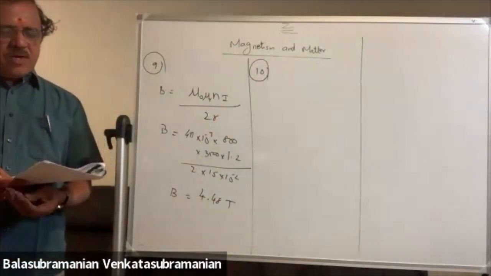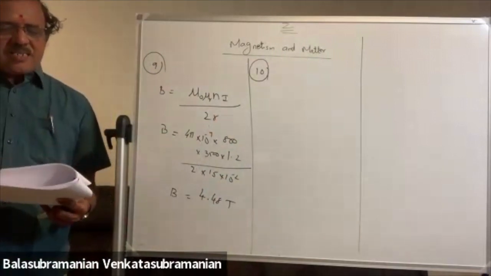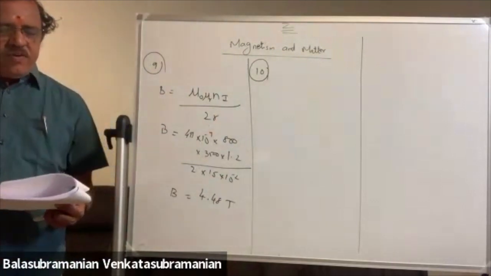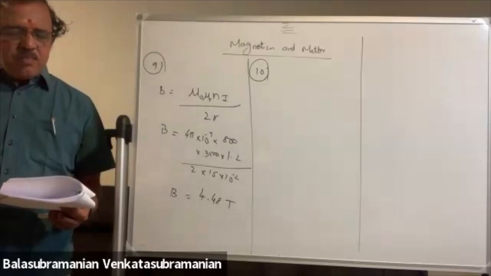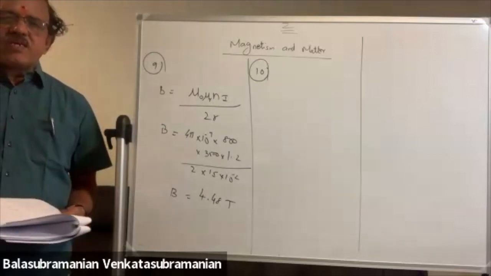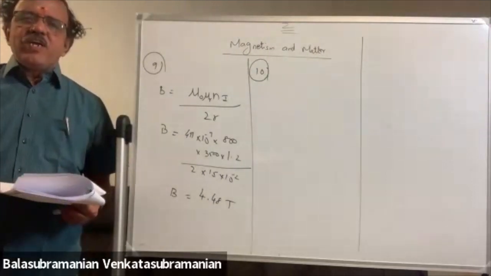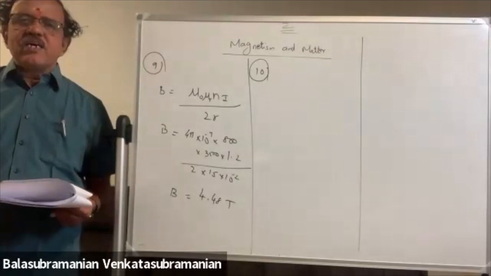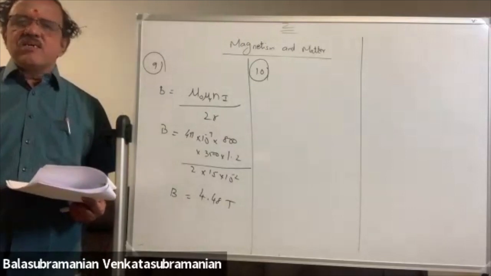A particle having a mass m, charge q, is accelerated through a potential difference capital V. Find the force experienced when it is kept under a perpendicular magnetic field. You know very well the magnetic field force, that is called the Lorentz force, BQV sin theta. For a single electron, it is BeV sin theta.